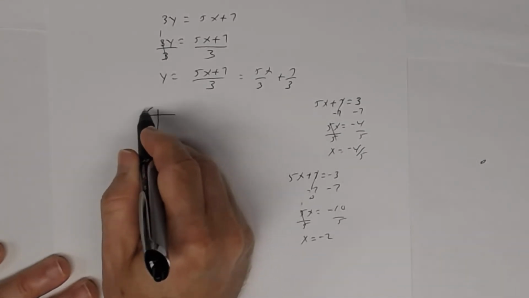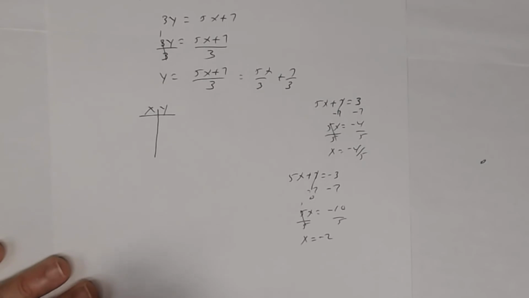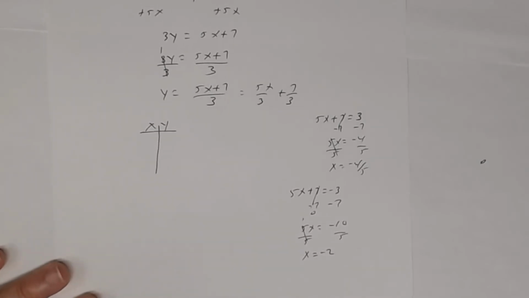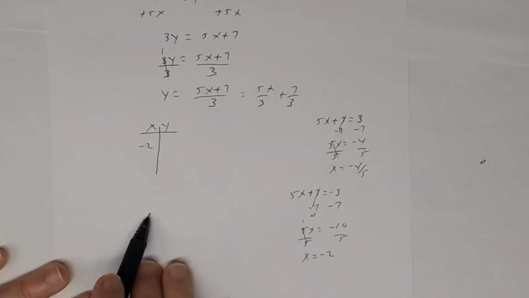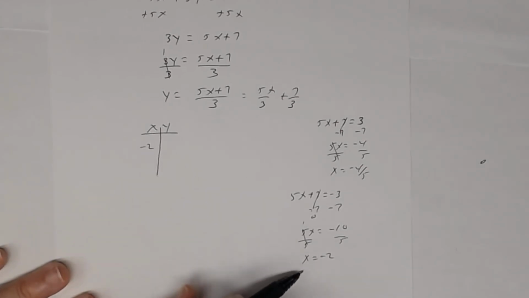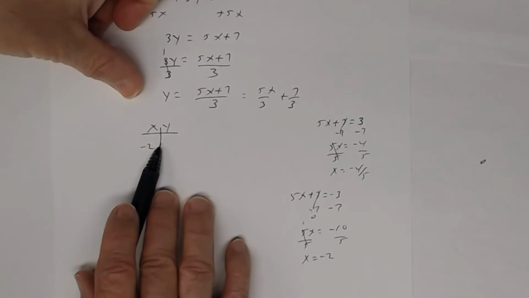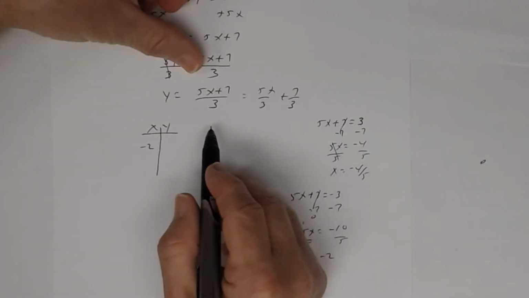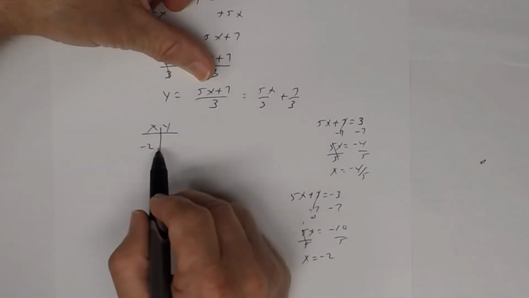Now watch, once you find one, and you're not going to understand just yet what I'm about to do, but once you find one, then I can find other values of x that are going to work. That's going to give me integers here. All right, so I got x to be negative 2. Now, to find the y value, all you do is this. To find y, in place of x, substitute -2.